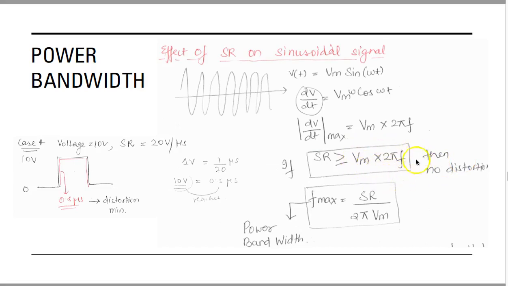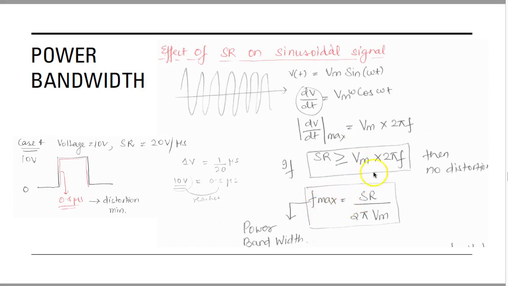It represents the slope of the input waveform. And this is your slew rate, and this Vm represents the peak value of the output sine wave.